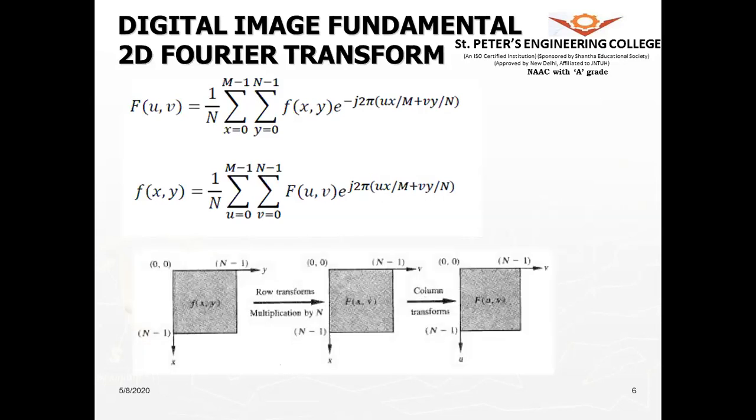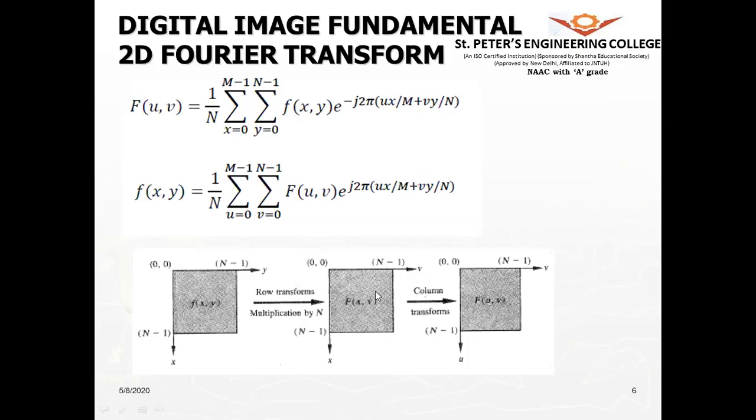Why we should go for this Fourier transform, or how simple it is, we will see here. This diagram tells how we compute the Fourier transform. Small f of x y is the actual image on which you perform the row transformation by simply multiplying by the n, and we get the intermediate result F of x comma v.